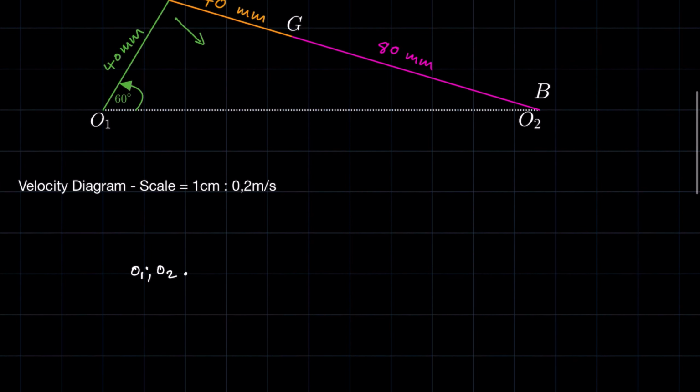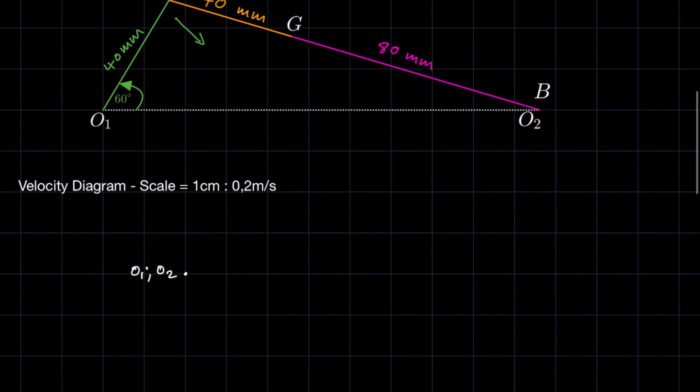Now, link OA, our crank, is rotating about O1, so the tangential velocity for crank OA will be the velocity of A relative to O1.